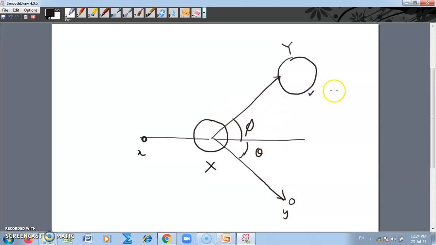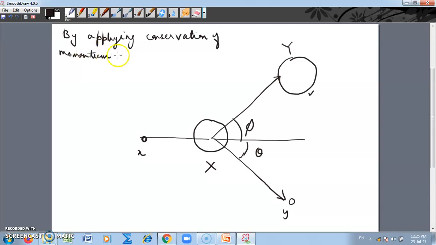This is the angle of scattering of the product nucleus. So now let's write the equations for conservation of momentum. By applying conservation of momentum, first let's look at it like this.